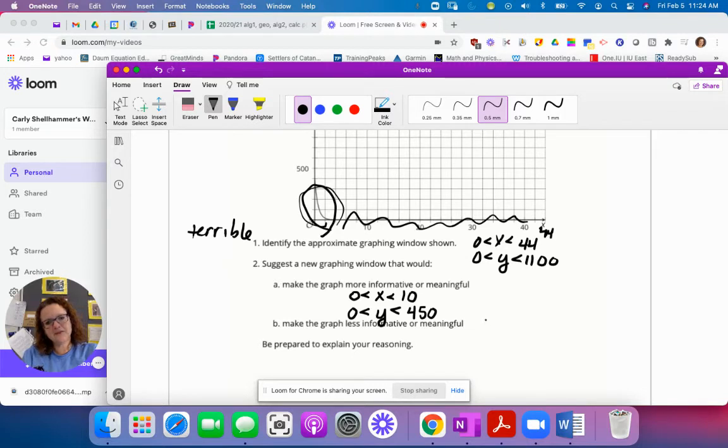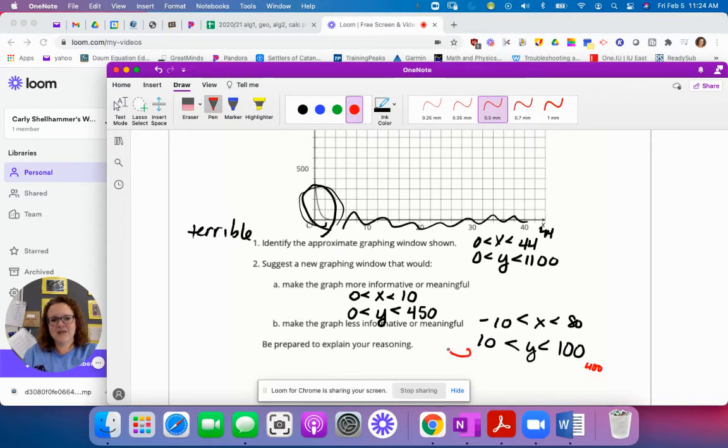Less informative, if we added some negatives, because it's never going to happen for this case. This answer could be almost anything. Even here, if we didn't include some of the y values at the top or the bottom, like here, we're missing the maximum of 400, and we're missing everything from 0 to 10, and everything from 100 to 400.